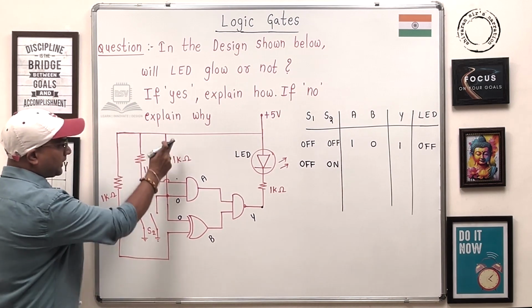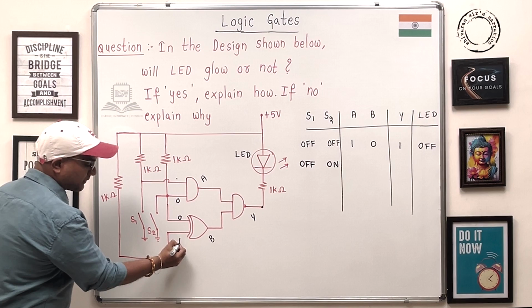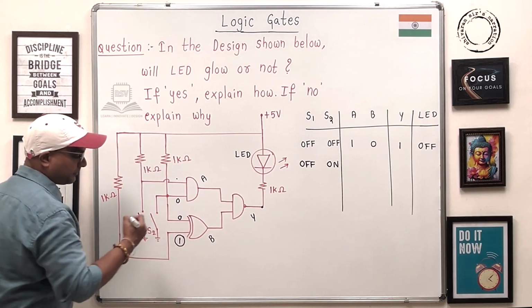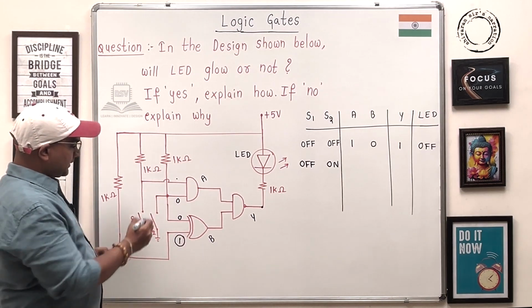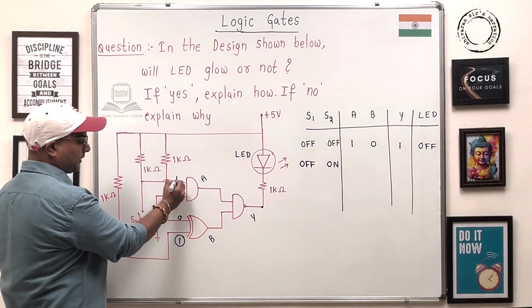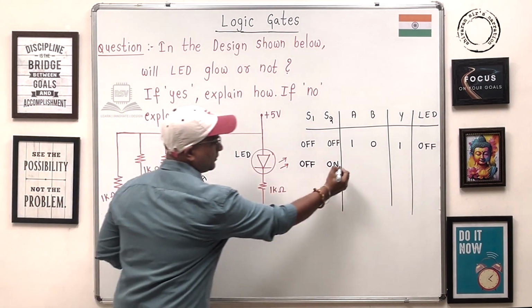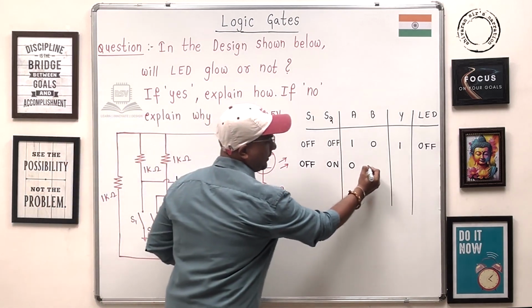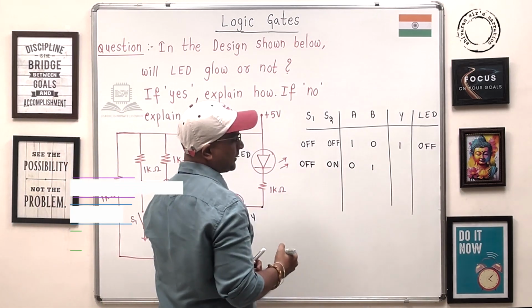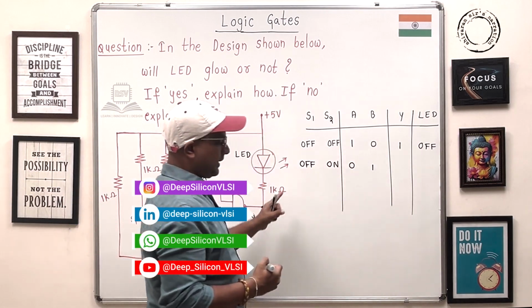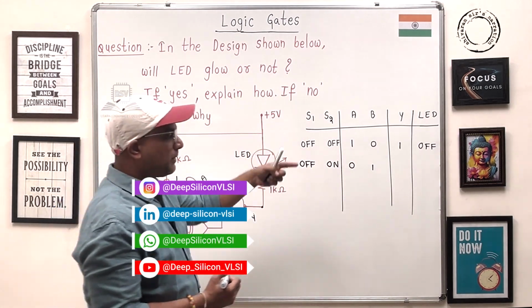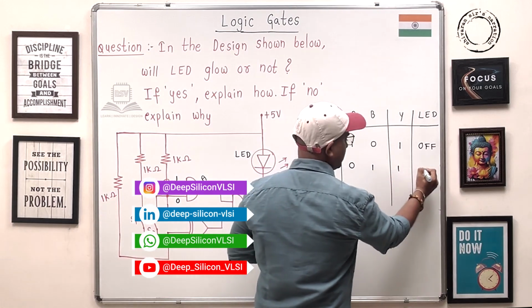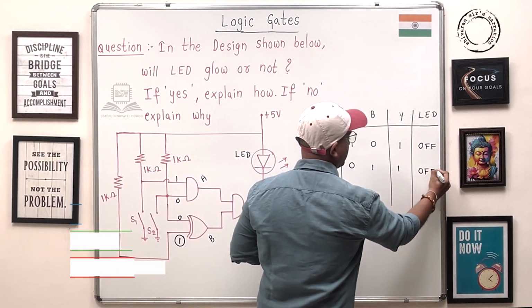This is permanently 1 only. This one is permanently 1. So that here, this is 0. Then it's a logic 1. 1 into 0 is 0. 0, 1, 1. Then guys, here for the NAND gate, 0 into 1 is 0, 0 bar is 1. If it is 1, the LED will be off only.